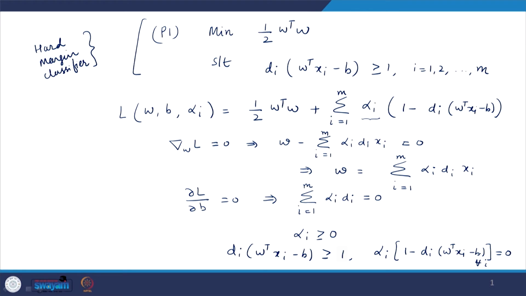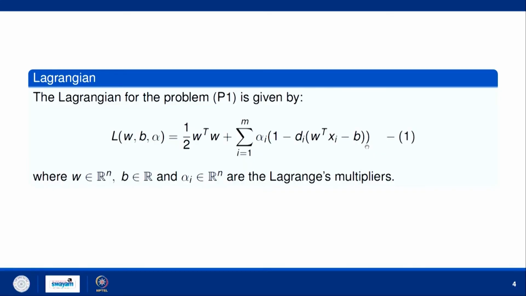Okay. Now, if we write the dual of this problem P1, we can use the KKT conditions to write the dual. As I already said, if instead of using this problem I use the dual of this problem, it will be computationally easy to solve. So, what is the dual? First, this is the Lagrange function which we have already defined.